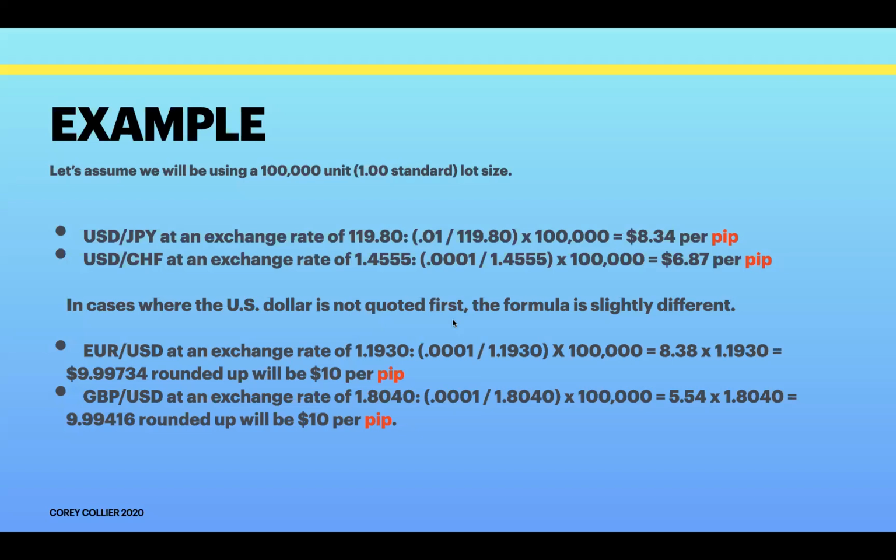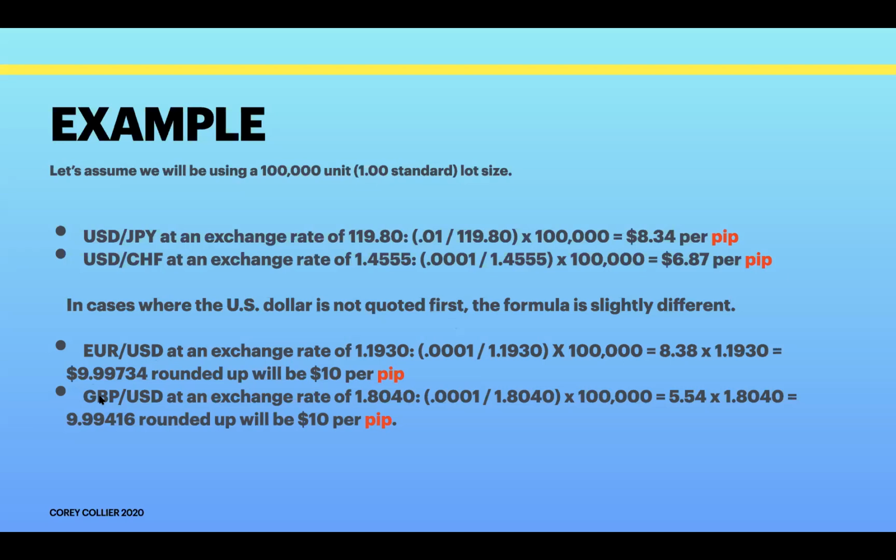That's going to be rounded up to $9.99, or basically $10 a pip. The 8.38 is the value of 1 pip move, but you multiply that times the exchange rate of the United States dollar, and this is what you're going to get, but they're going to round that up to $10 per pip. Same with the GBP USD.